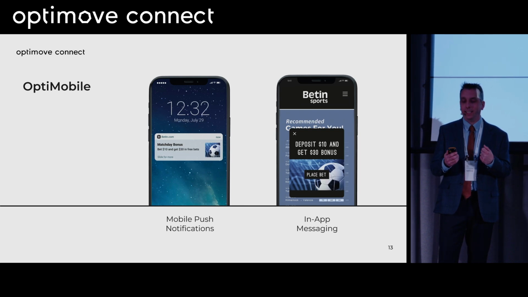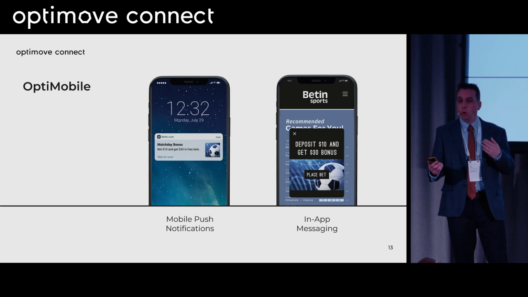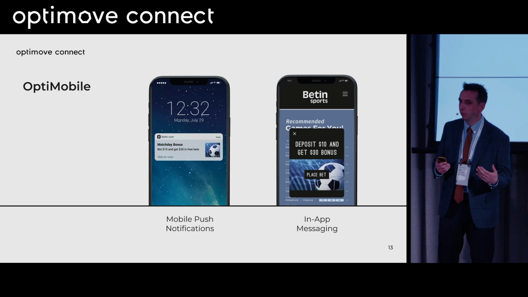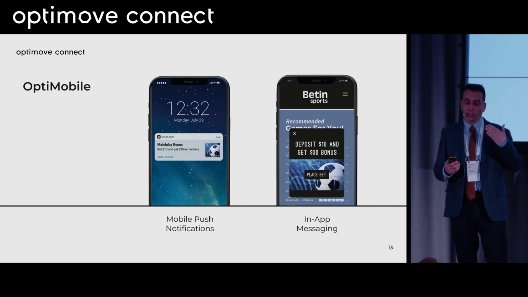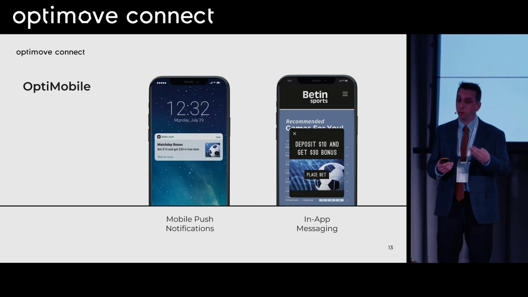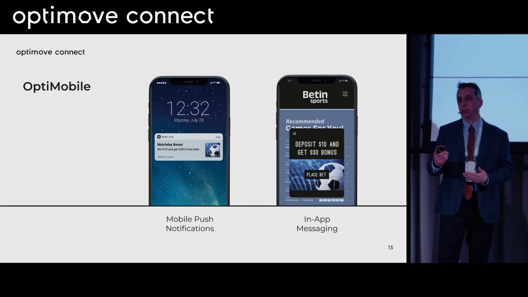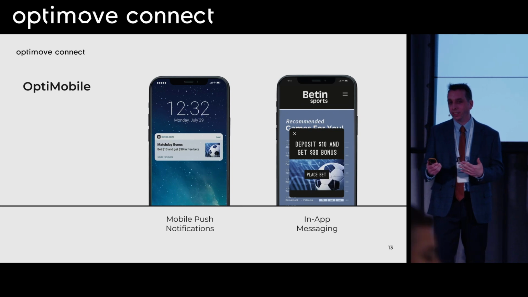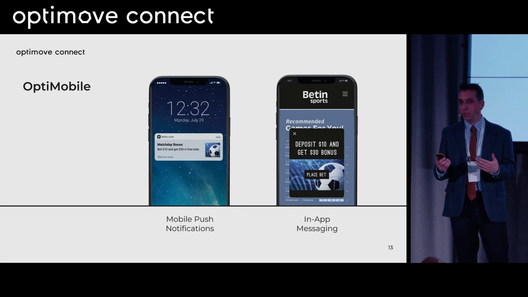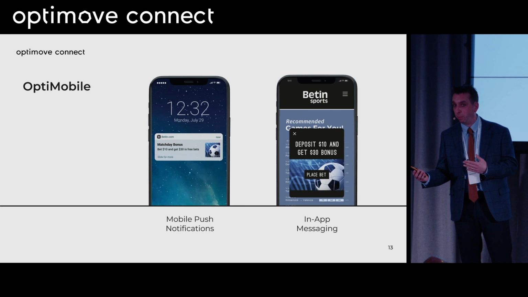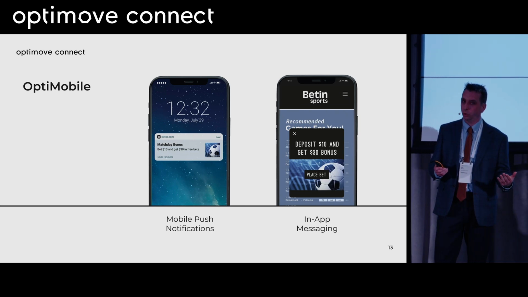Okay, you can send an in-app message with a push notification, with a tickle, with a nudge. So the user sees the notification flash up, they click on it, they're directed into the app, and they can see the full rich content that you have. And when you do this, again, the conversion rates that we see are higher than either an in-app on its own or a push on its own.